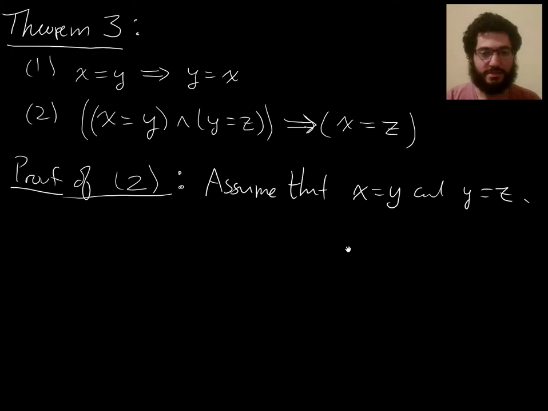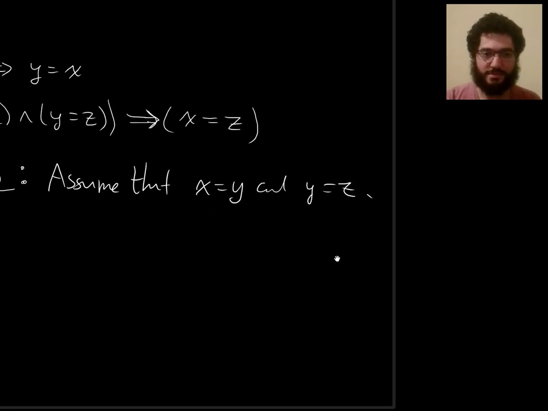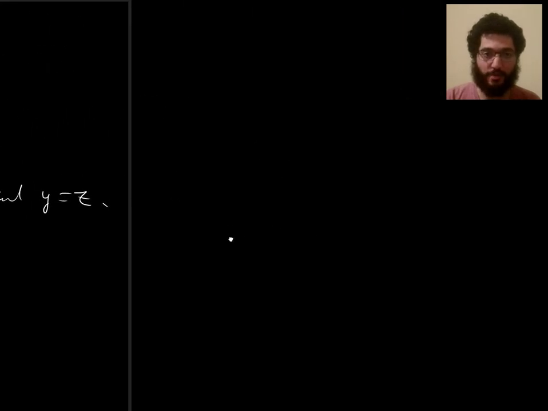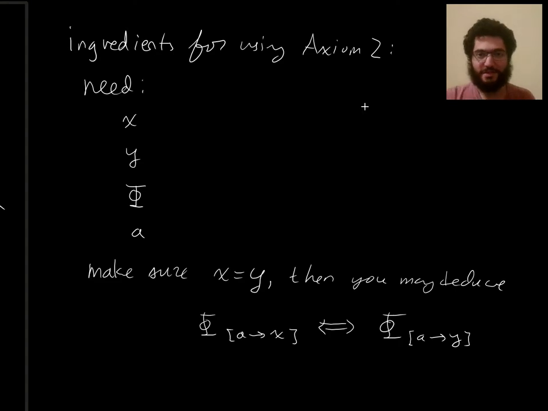Okay, so let's go off to the side here for a moment. Remember that our goal is to prove x equals z, but let's think about how we want to apply axiom 2. So I am just going to write in some things here and be right back. Okay, I've set it up kind of like a recipe here. The ingredients we need to apply axiom 2 to a particular situation are: someone to play the role of x, a y, someone to play the role of phi, someone to play the role of a, and then here's the recipe.